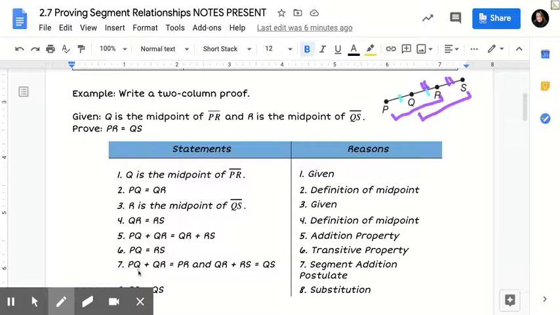Then the segment addition postulate allows me to say that PQ plus QR is equal to PR, and QR plus RS is equal to QS. So that's taking these two statements here and saying that because Q is between P and R, we can add them together, and that gives us the full statement there.